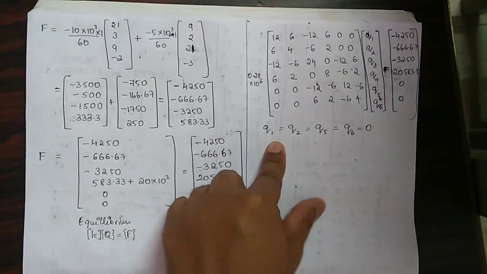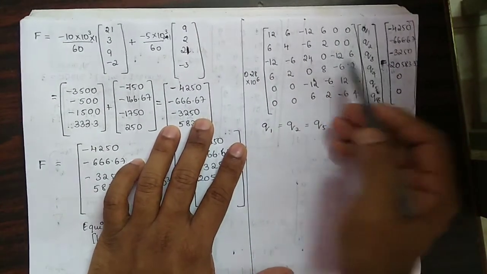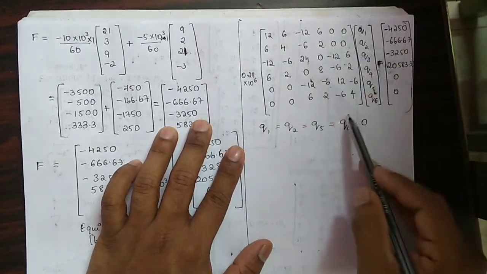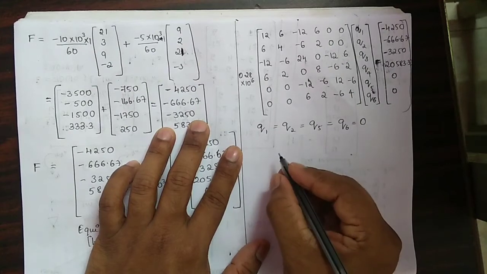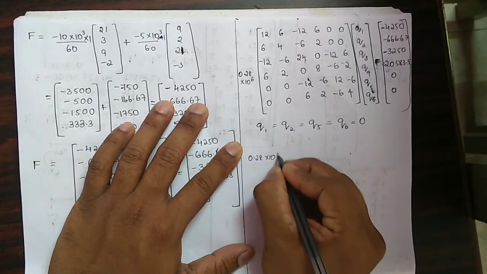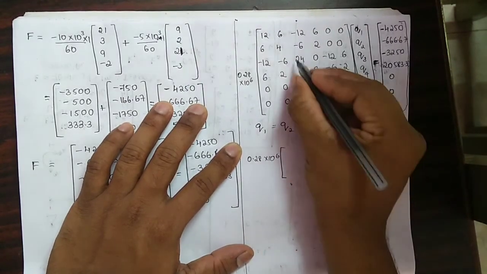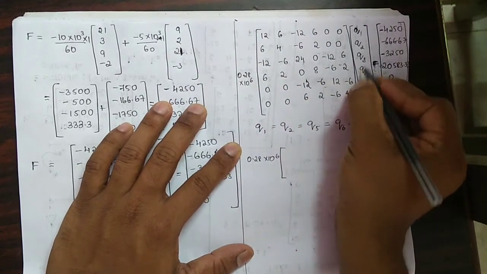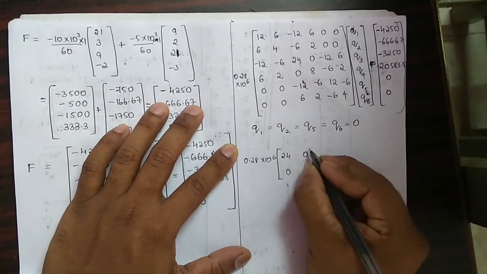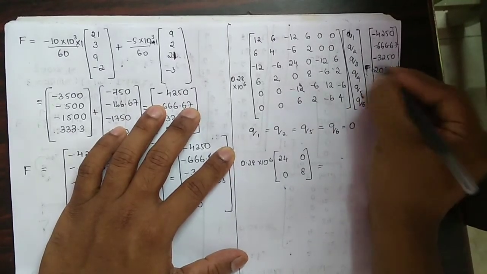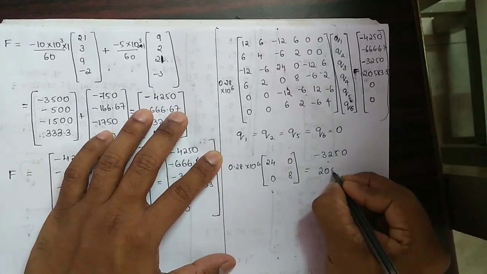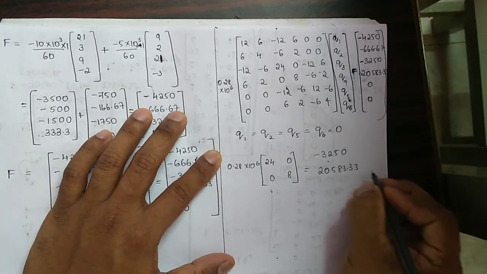So we have to cancel the first row and first column, second row and second column, fifth row and fifth column, sixth row and sixth column. So the remaining part will be 0.28 into 10 raised to 6 times this term, that is Q3 and Q4, equal to 24,008 and minus 3,250 and 20,583.33.